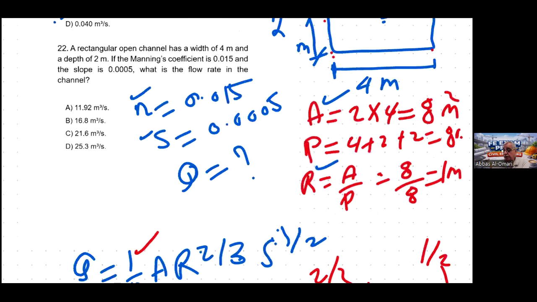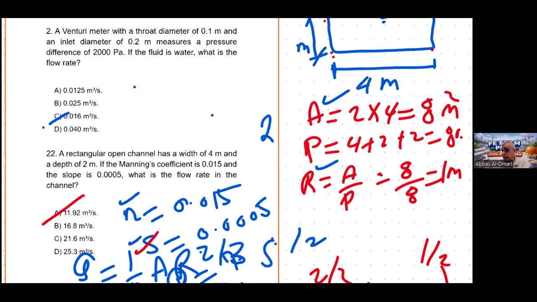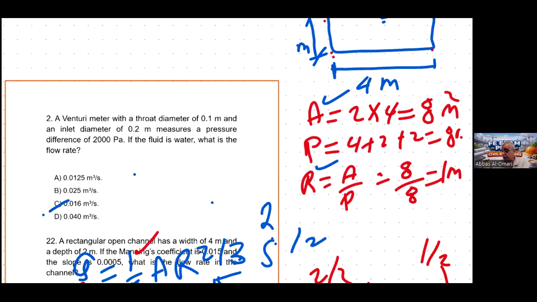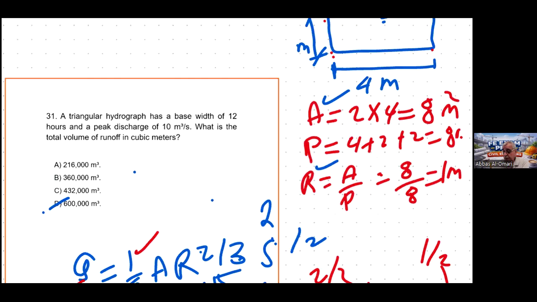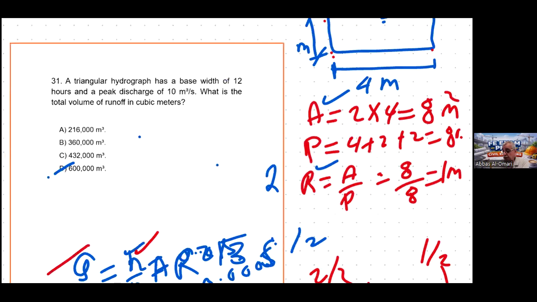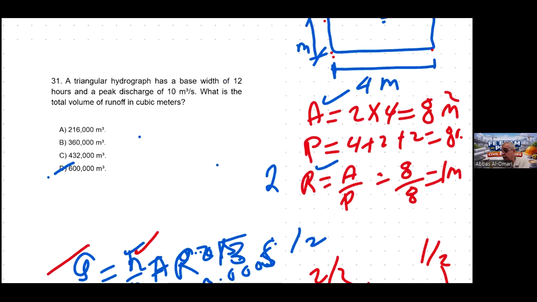The next question. Okay, it's about a hydrograph. So we have a triangular hydrograph, and we want to determine the volume of the total runoff.